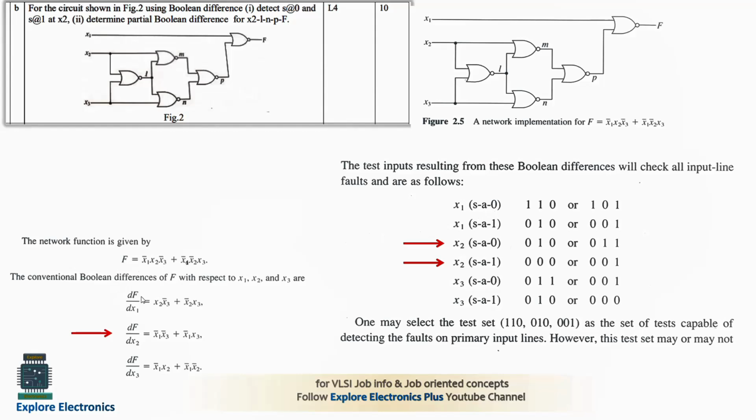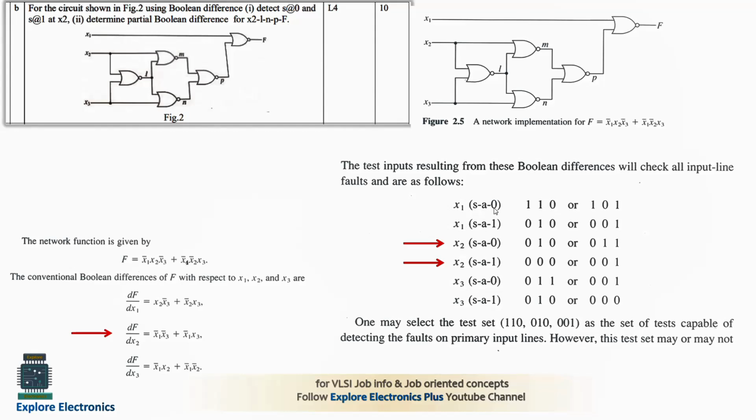See here, in the Boolean difference we got the expression x2 x3 bar plus x2 bar x3. x2 x3 bar means x2 should be 1 and x3 should be 0. The first line is x1, the second line is x2, the third line is x3. So x2 is 1 and x3 is 0.